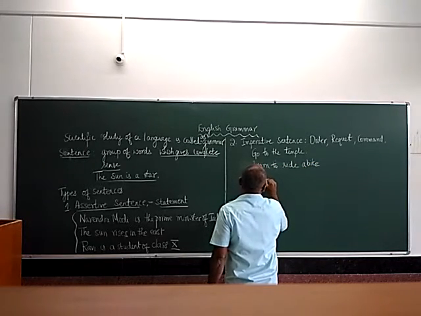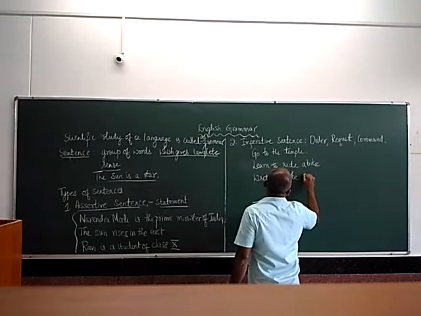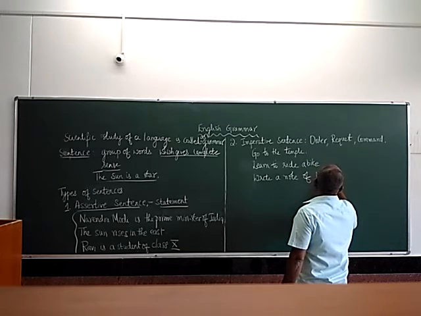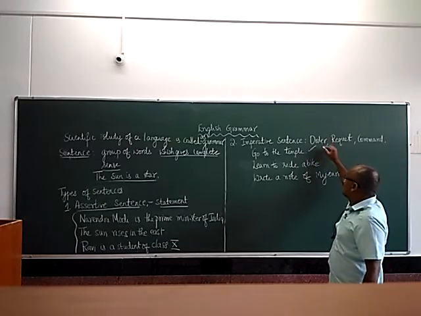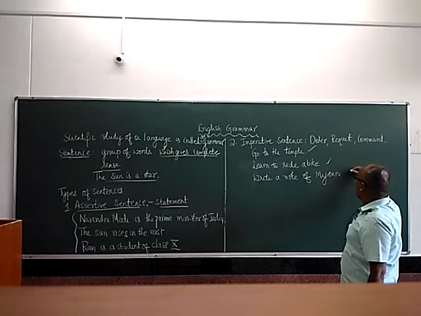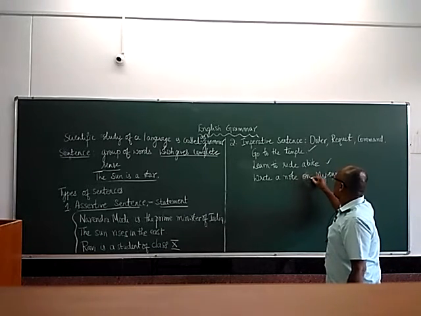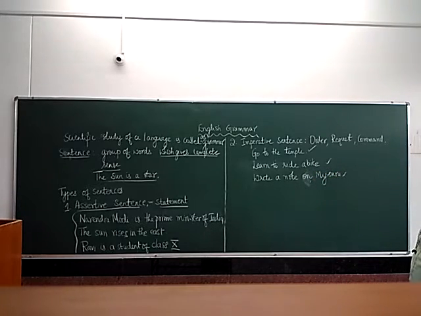Write a note on Mysore. Take these examples: go to the temple, learn to ride a bike, write a note on Mysore. If you take these examples, they look like either an order or a command.